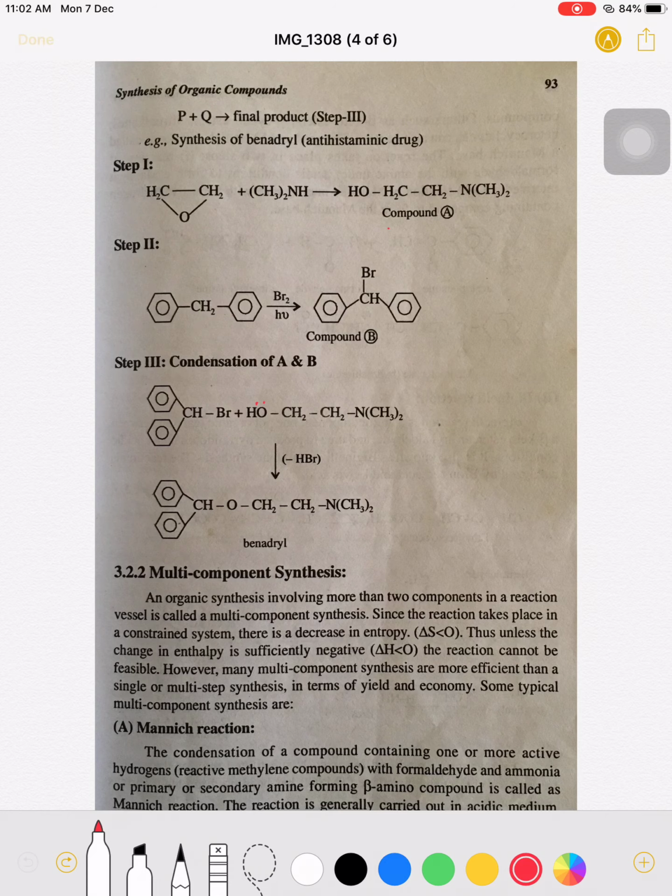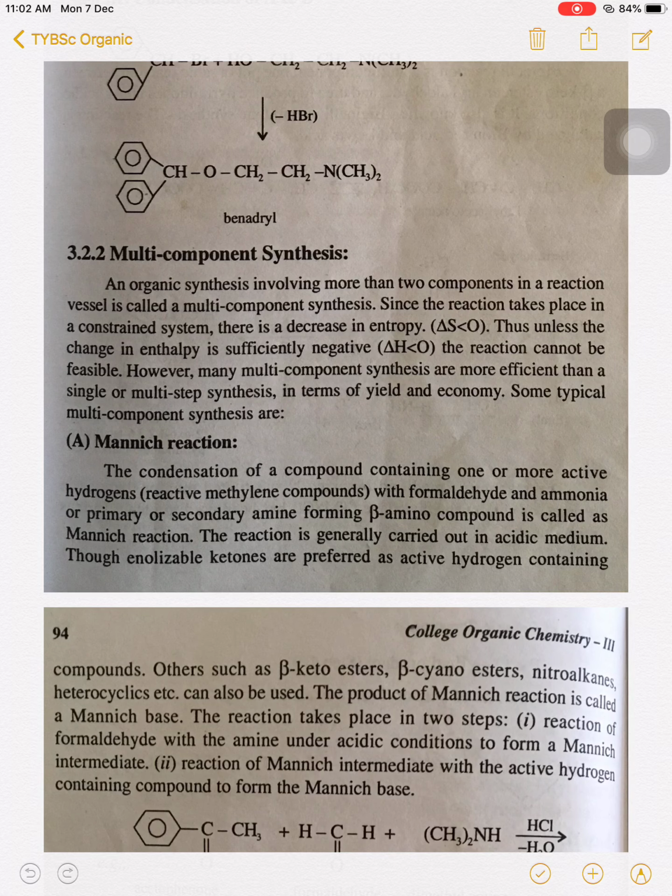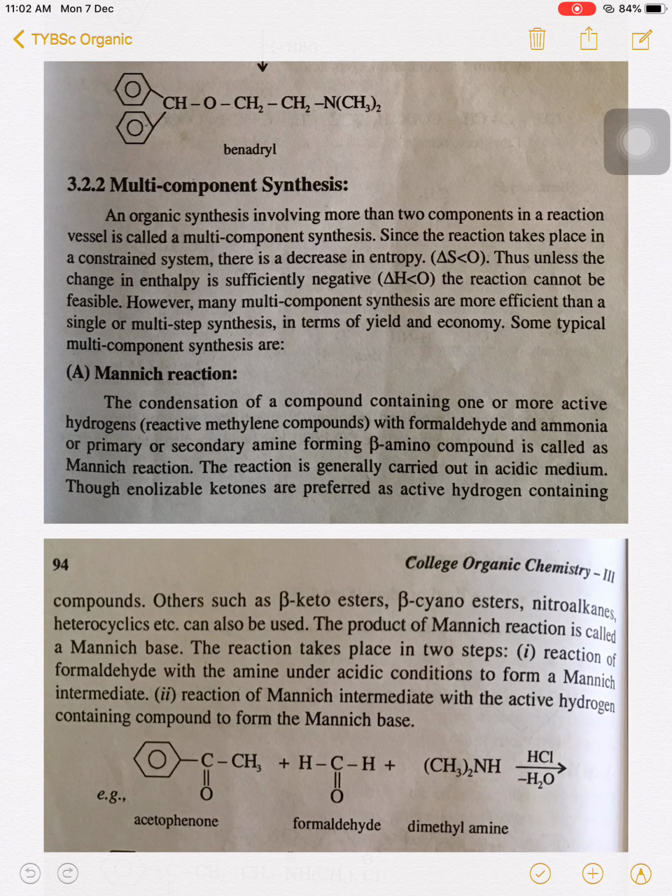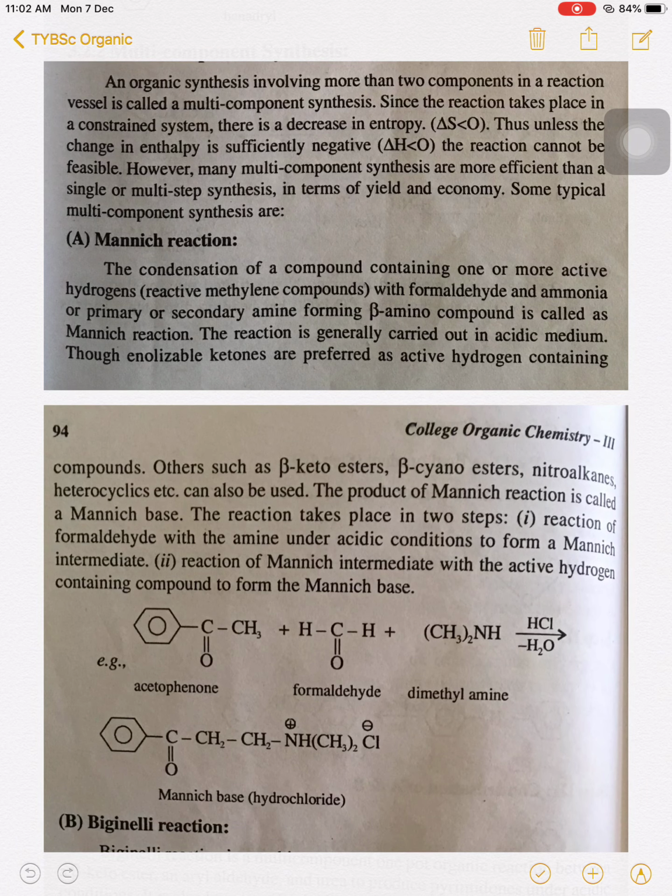Now see what is meant by a Mannich reaction. This Mannich reaction is nothing but a condensation of a compound containing one or more active hydrogens. The compound must have a reactive methylene group, and that reactive methylene compound is reacted with formaldehyde and ammonia.